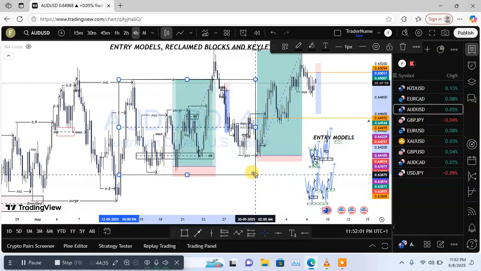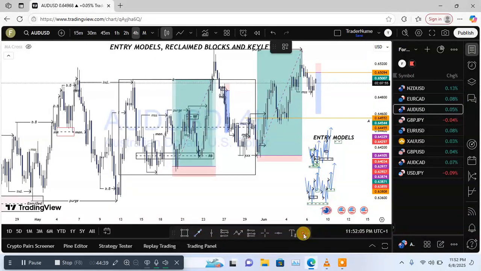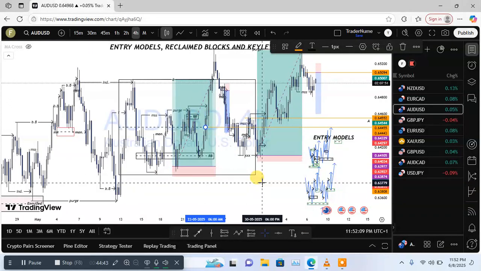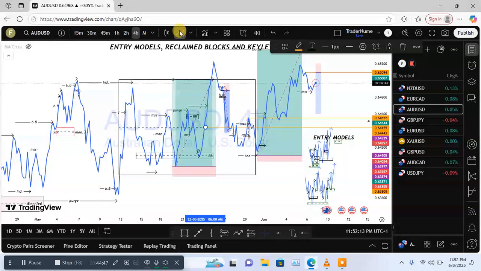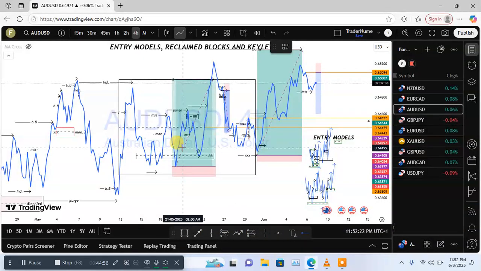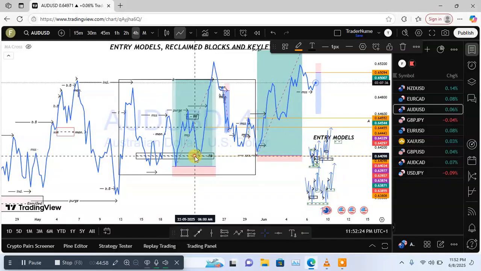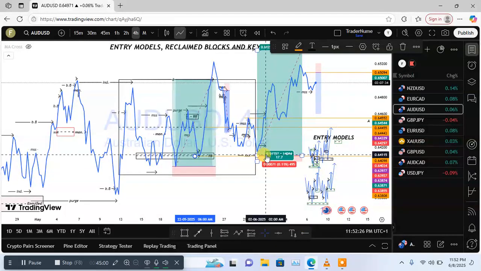Where is our discount zone? This level right here is our discount zone. Then where are our key levels? Now we have this V-shaped key level here. Watch how price came there to react.